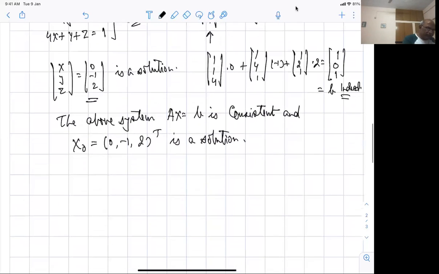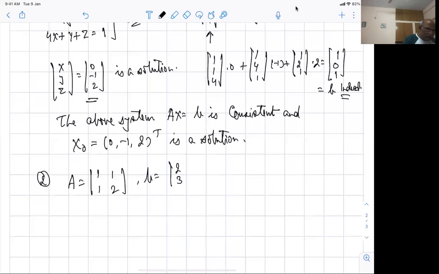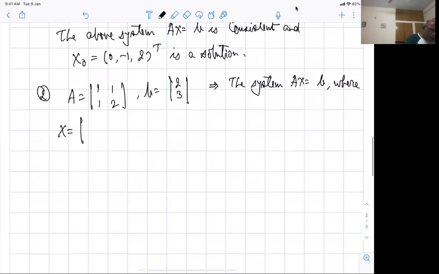This is one example. Another example, let us take A equal to [1 1; 1 2] and B equal to (2, 3). Then you can verify that the system Ax = B, where X is (x, y), has a solution X = (1, 1).